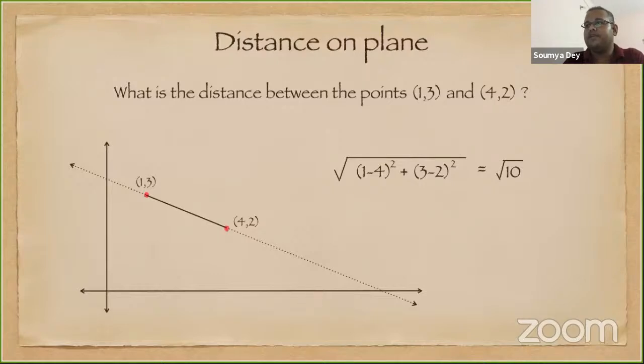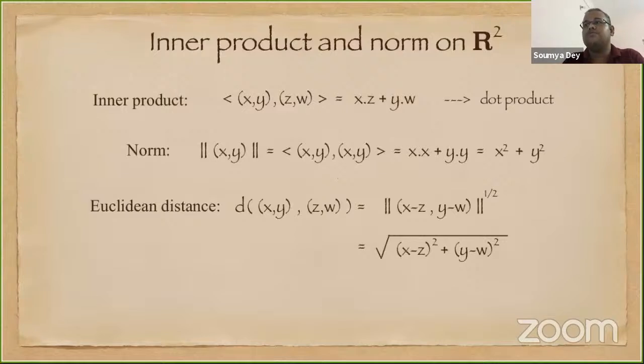So now let's go a bit deeper. How does this expression of distance between 2 points in R2 come? We have something called the dot product in R2. Given 2 points, say (x, y) and (z, w), you basically take the product of first coordinates and the product of second coordinates and then add them.